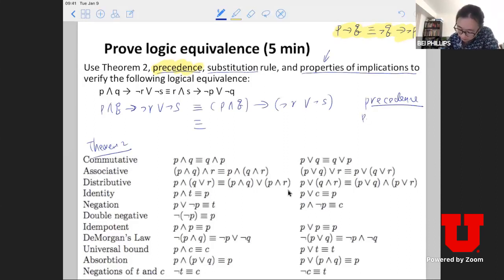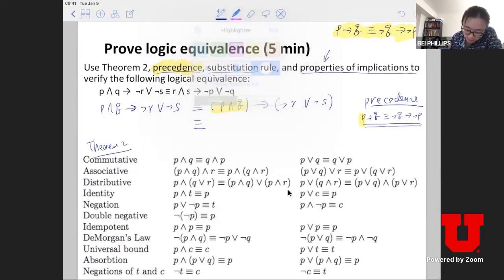But the most important part, the second part, is using the property of implication. So P implies Q is equivalent to negation of Q implies negation of P. This is based on the property of implications. Now I'm going to treat this as my big P over here, and this as my big Q over here.